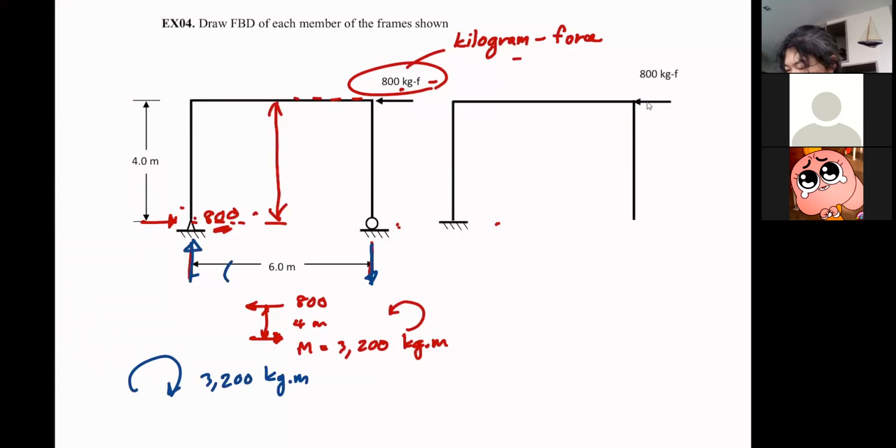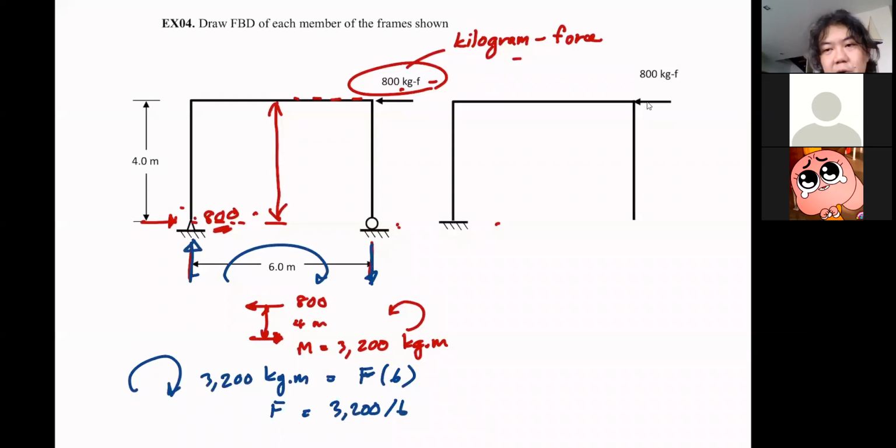So you can see that is the clockwise direction of a couple. So now I know that this is the moment, and then the force multiplied by the moment arm, this is now 6 meters. So I can easily calculate that the reaction here is 3,200 divided by 6. See, no need to take moment at all.